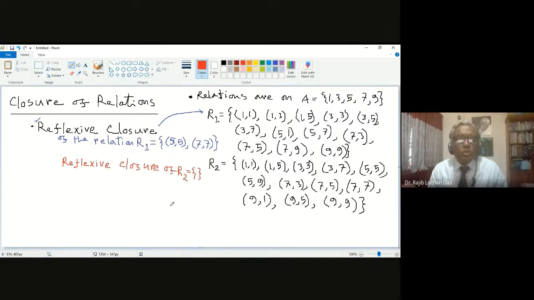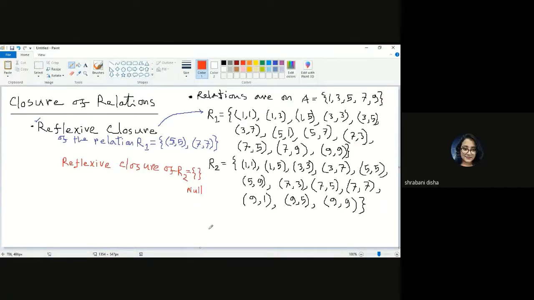Null means there is no element in that set. So it means the relation is already reflexive. So no more elements necessary. Is that okay? Is that clear?